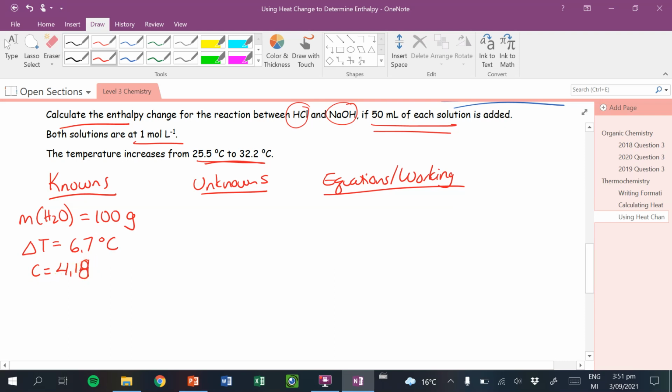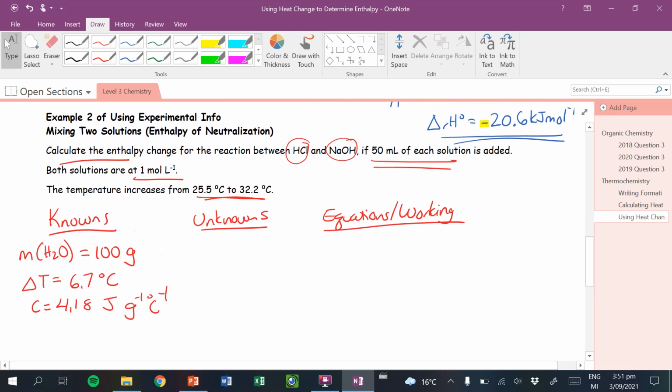Sorry, that should be an 8. Joules per gram per degree Celsius. Now, I can keep working if I want. I can go from this information and keep going, or I can add this 1 molar solution. I'm going to probably solve it first with the steps of what I have information-wise, so that way, hopefully, when you see how I figure out the second equation, I can show you then why we're doing what we're doing with that.